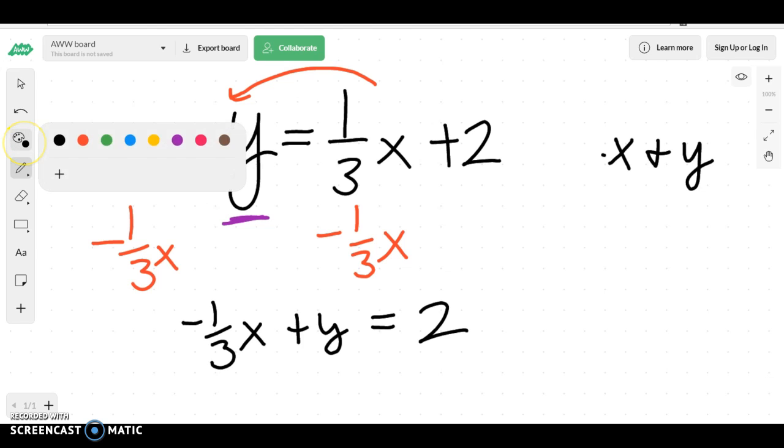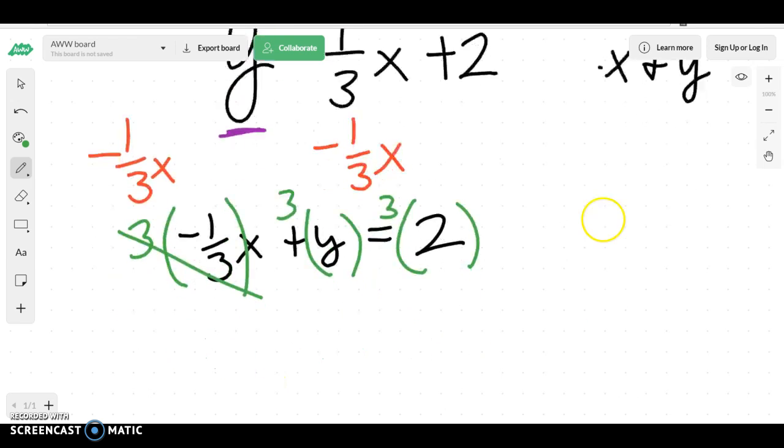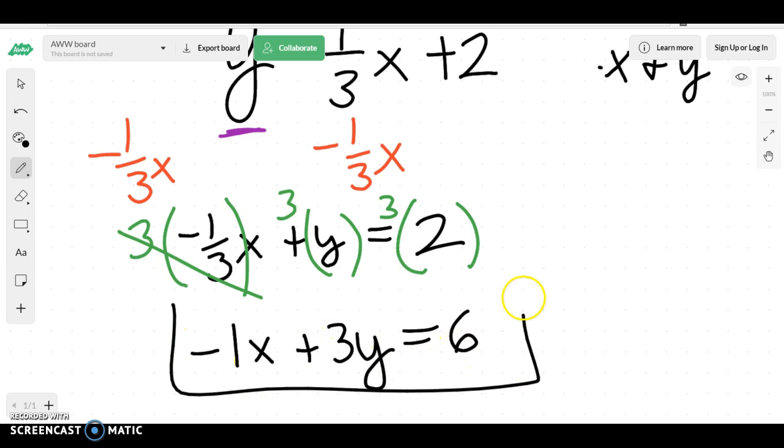So if you do end up with a fraction, you've got to get rid of it, and how you get rid of it is by multiplying everything by that bottom number. That's going to cancel, and I'm going to be left with negative 1x plus 3y equals 6. And that would be my equation in standard form.